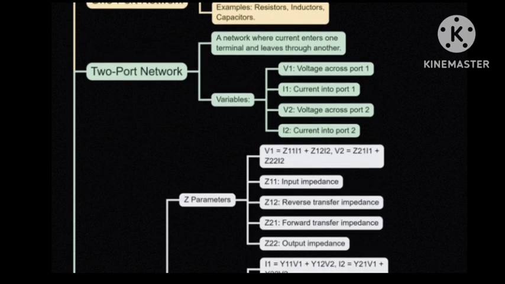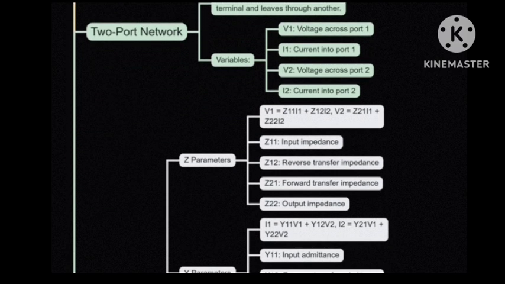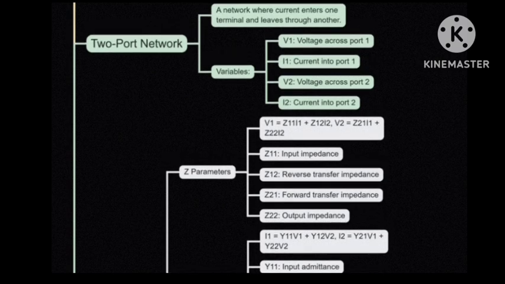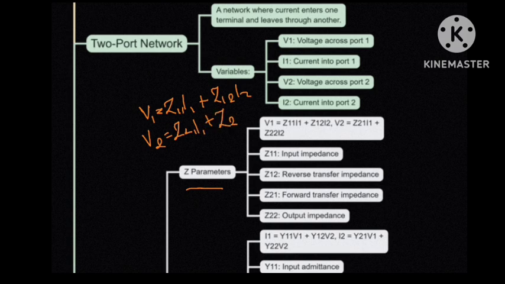Now we will see the different types of parameters. The first parameter is the Z parameter. So what is the formula given here? V1 is equal to Z11 I1 plus Z12 I2. V2 is equal to Z21 I1 plus Z22 I2.